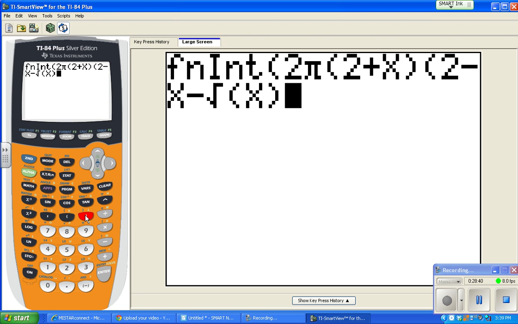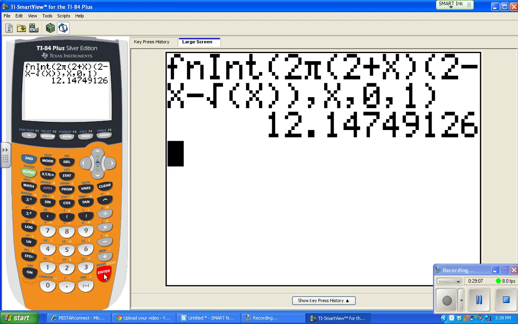Now I need to close the square root, and close that factor of multiplication. Don't type any extras though, or it'll yell at you. Comma, with respect to x. If you would have typed y's and done with respect to y, it would work fine. Comma 0, comma 1, because we're going from 0 to 1. Close parentheses, hit enter, and hopefully this will work.